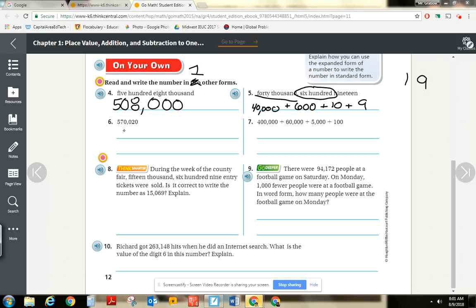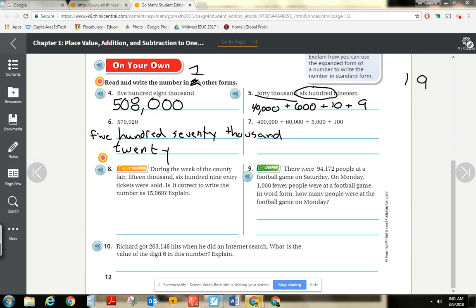Let's read this number. Go ahead and read it. Let's read it together. 570,020. Let's do word form. 570,020.